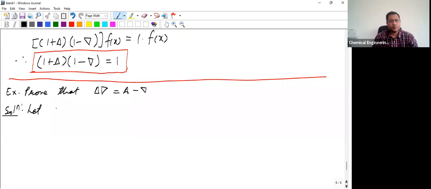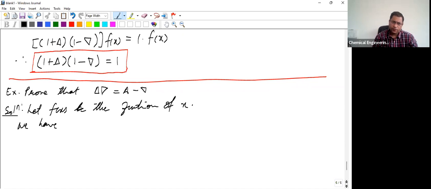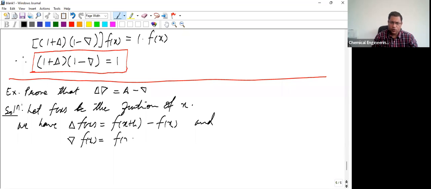So what we have here, let f of x be a function of x. So we have delta f of x is equal to f of x plus h minus f of x, and del of f of x is equal to f of x minus f of x minus h.